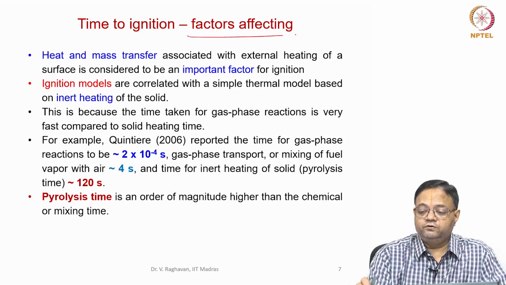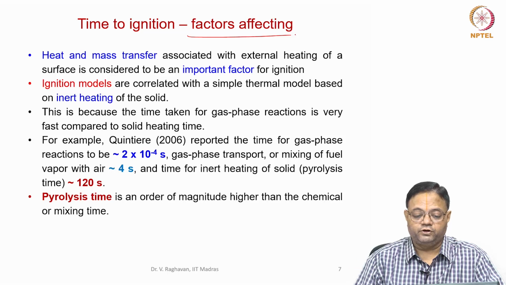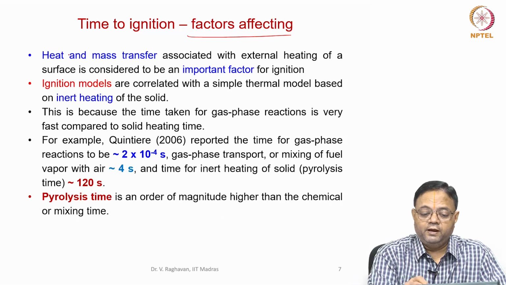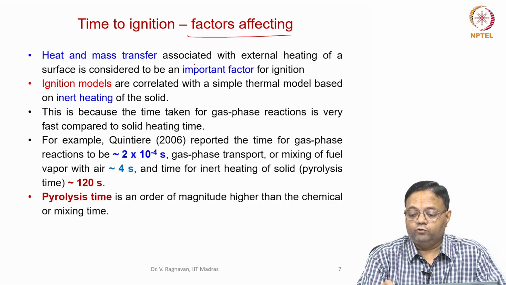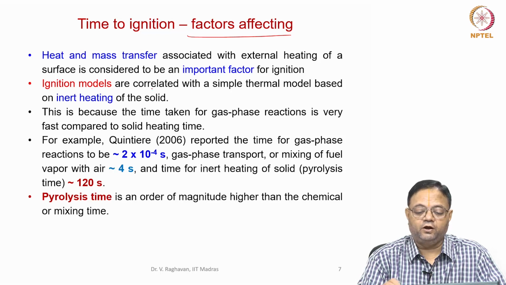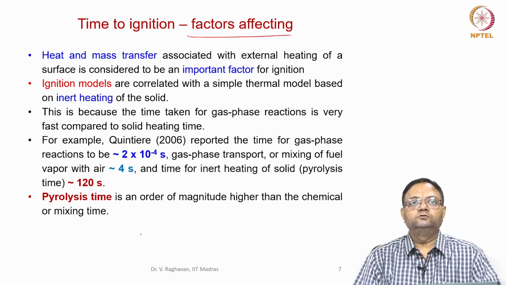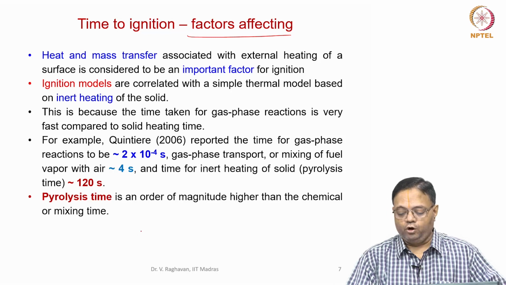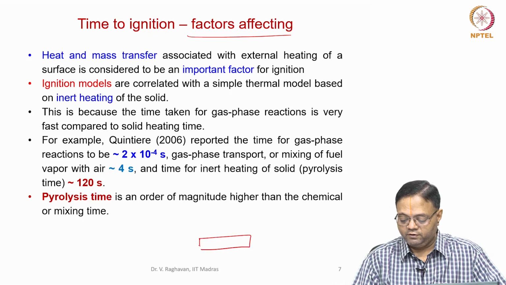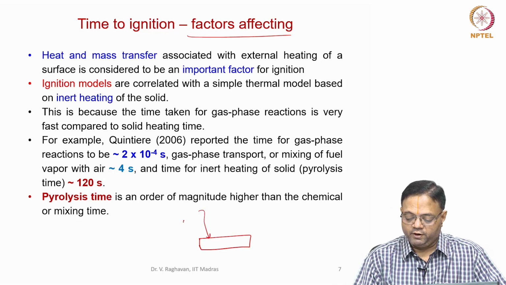Now, further factors which are going to affect the time for ignition are the heat and mass transfer associated with external heating of the surface. That is very important. As I told you, there is a solid surface, and heat is coming in.